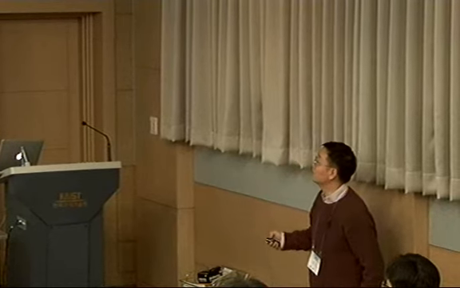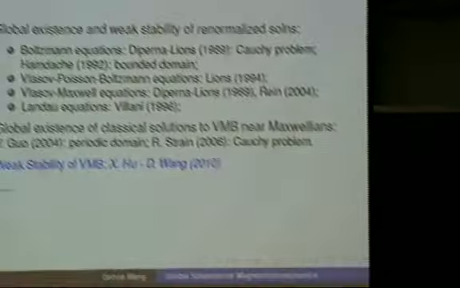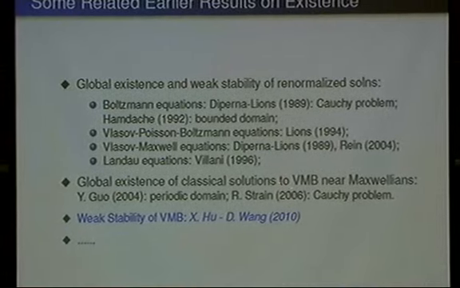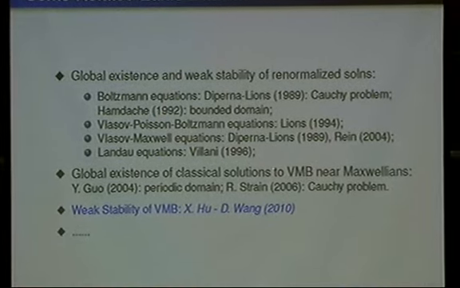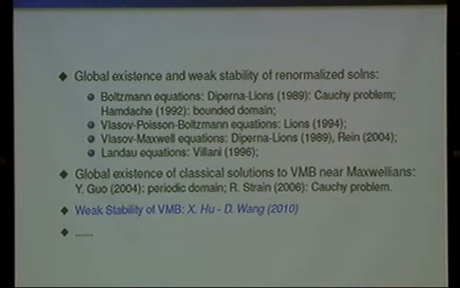How about the one by DiPerna and Lions? They did it, for those systems: the Boltzmann equation, Vlasov-Poisson, Vlasov-Maxwell, but not this Vlasov-Maxwell-Boltzmann. Their renormalized solution doesn't work here. Otherwise, they would have got it. If you look in their paper, this is really an open problem for them. Of course they tried.